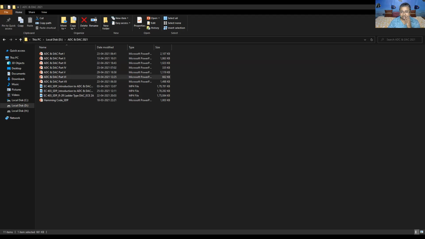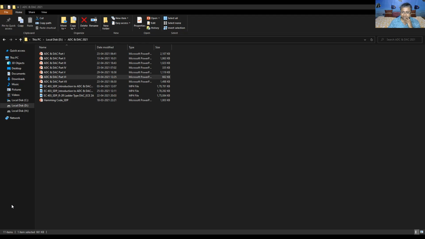The basic thing is that in this dual slope AD converter, the integrator portion is included here.